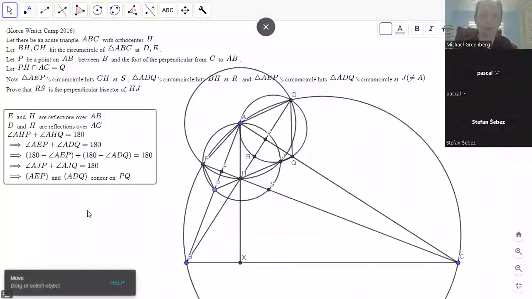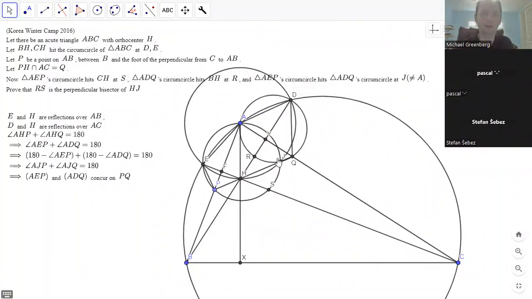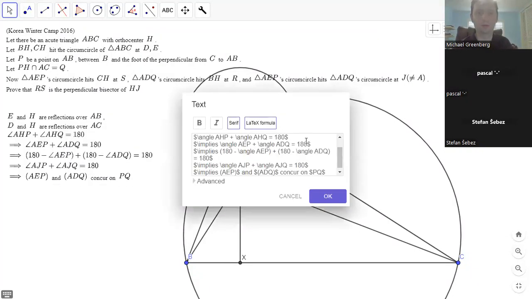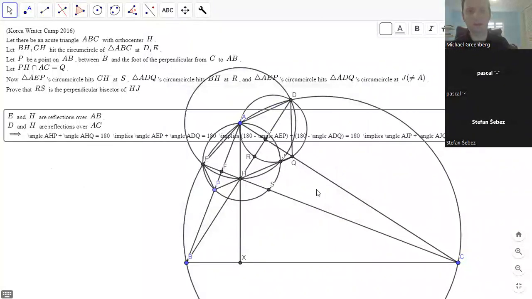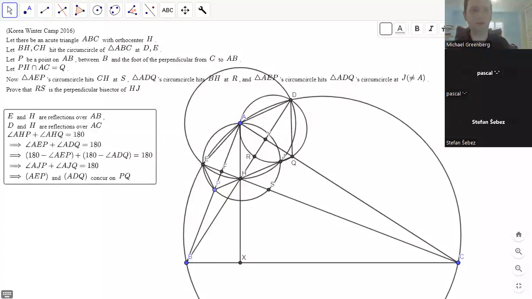And then once we know that, an angle chase shows that angle AJH is AHJ. So therefore, first I'll actually just write this. This by itself means that AE equals AH equals AQ equals AB.